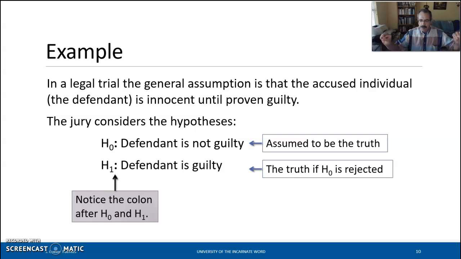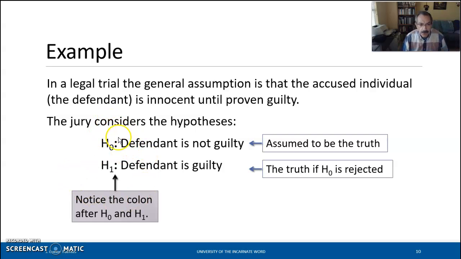That's the current assumption. If nothing is done, that person is innocent, is not guilty. But if the jury determines that that individual is guilty, then the null hypothesis is rejected, and the alternative hypothesis is considered the truth. You can see that these are two mutually exclusive decisions: either the defendant is not guilty or the defendant is guilty.